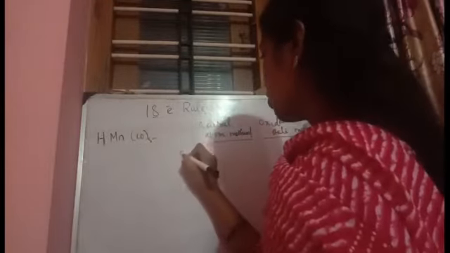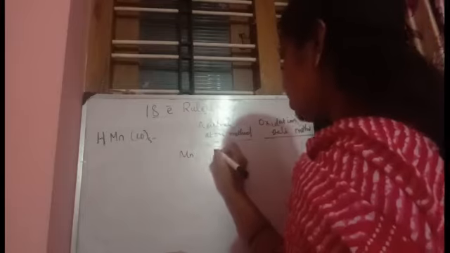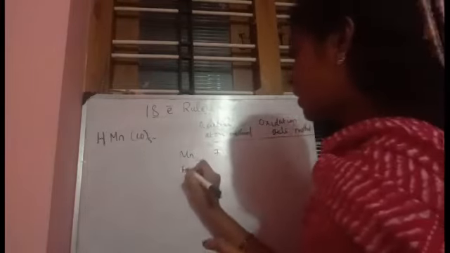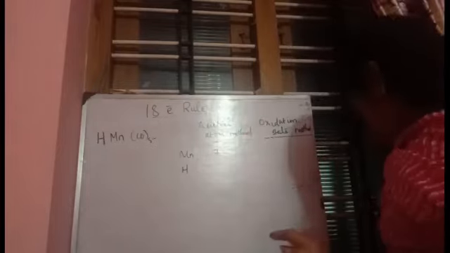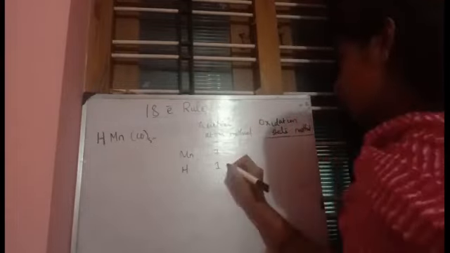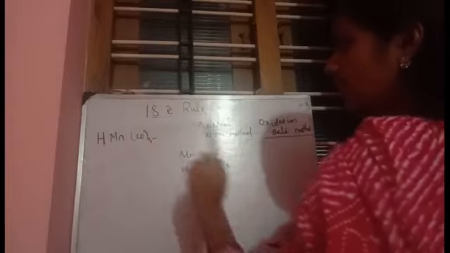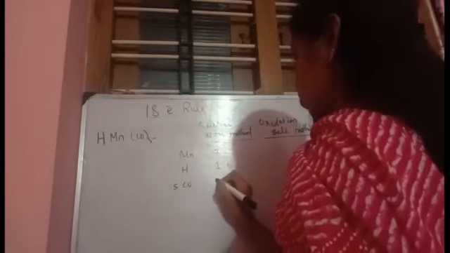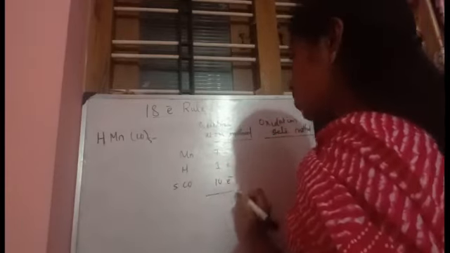In the neutral atom method, the number of electrons contributed by manganese is 7, by the hydride ligand is 1, and by the 5 carbonyl ligands is 5 into 2, that is 10 electrons. So in total there are 18 electrons.